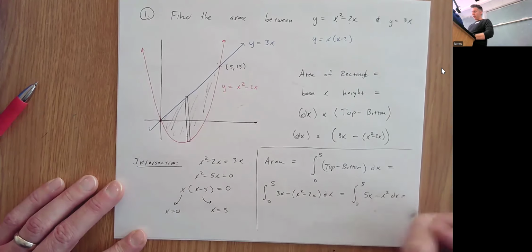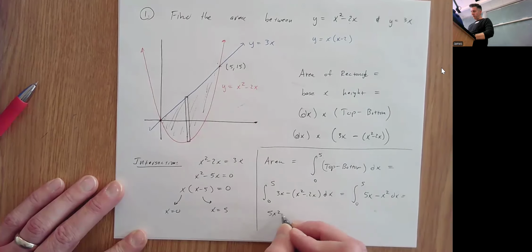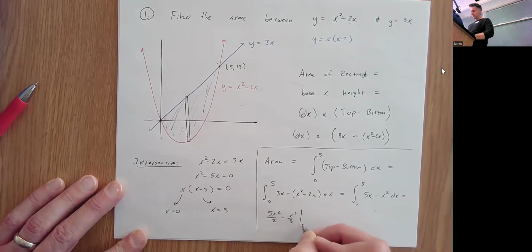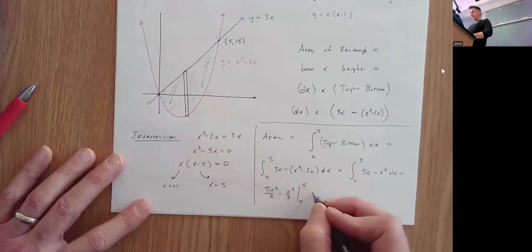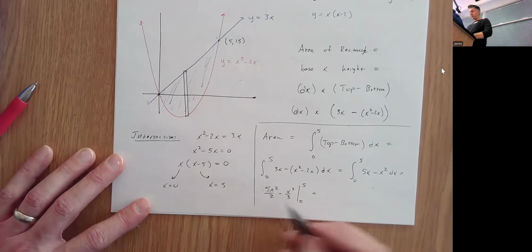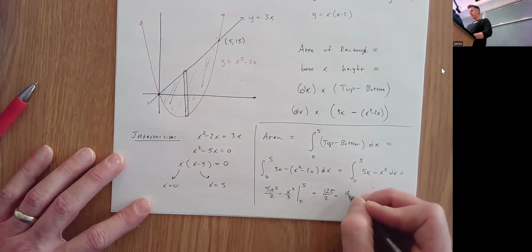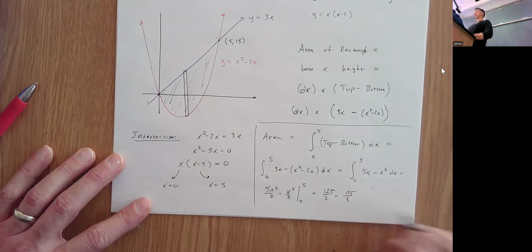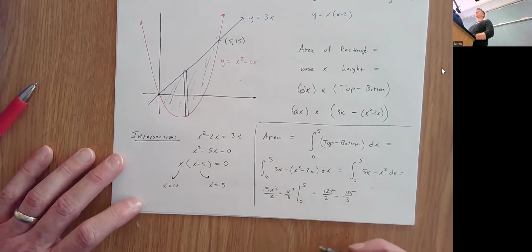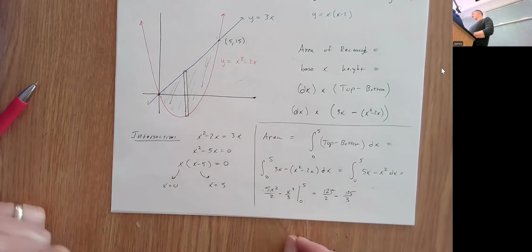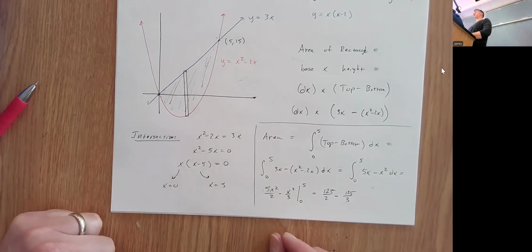Now we can integrate and get 5x squared over 2 minus x cubed over 3, from 0 to 5. We plug in 5 and we get 5 times 5 squared, which is 125 over 2, minus 5 cubed, which is 125 over 3, minus 0 minus 0. And then to simplify this, I'll point out there's something really easy you can do. I don't love subtracting fractions with large numbers in them.